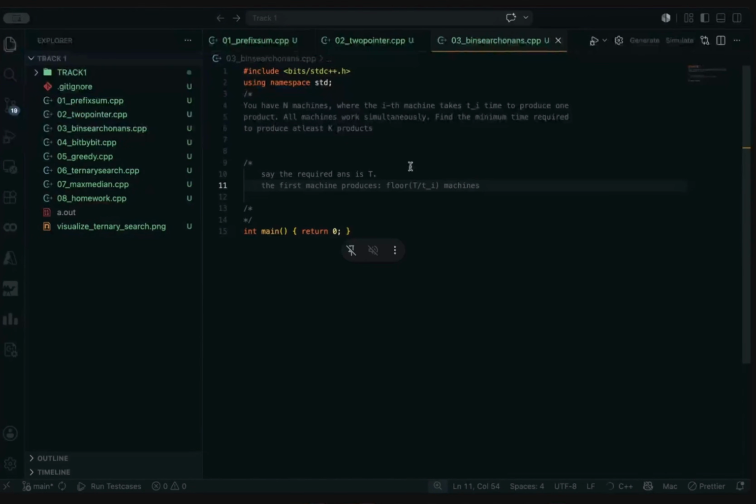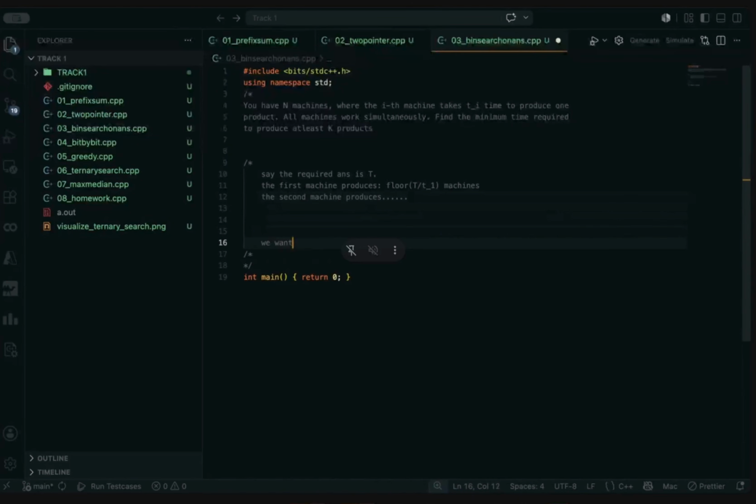What I mean by this is just divide T by Ti and take the quotient. So if a machine takes 2 seconds to produce each product, then in time T we would have floor of T by two products. We would have the same for the second machine, and so on.